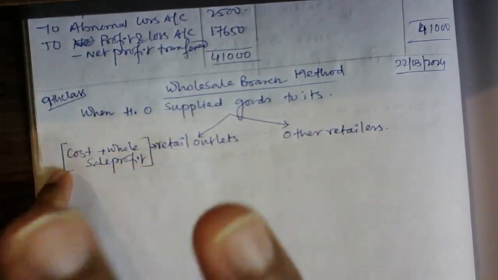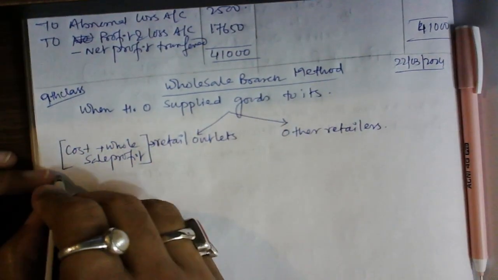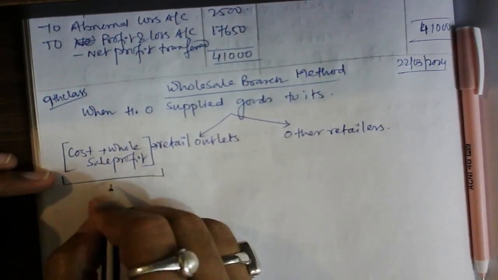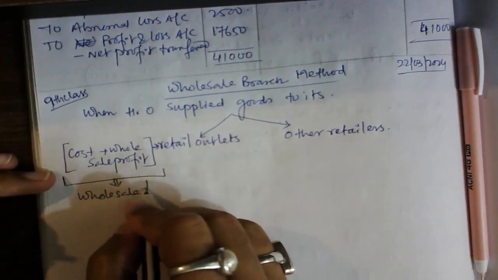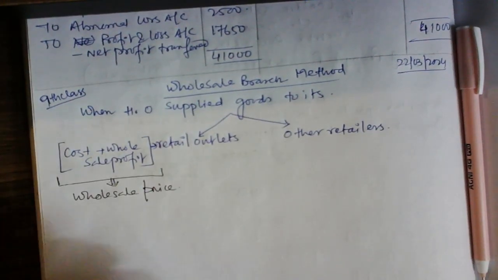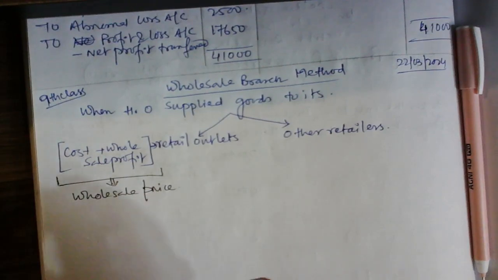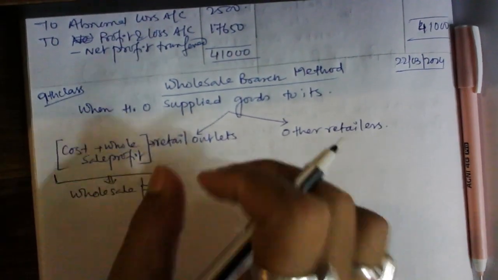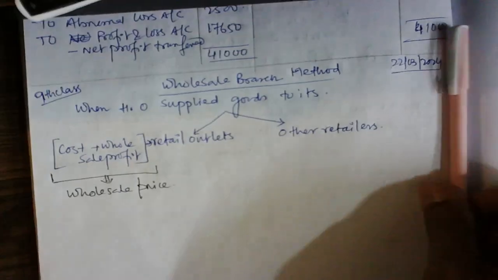I am repeating again, it will be cost plus wholesale profit, and this price is known as the wholesale price. This is the price at which the retail outlets and the other retailers receive the goods.